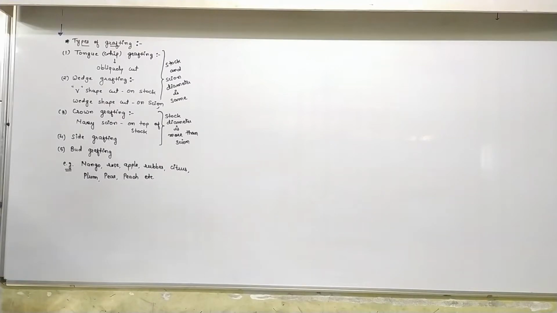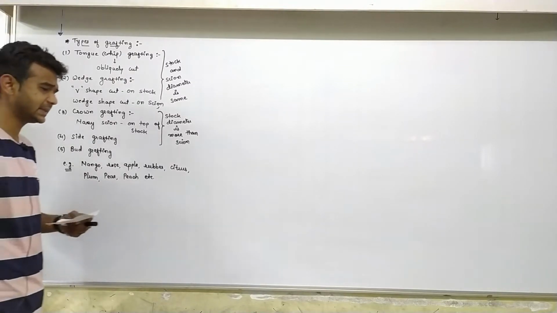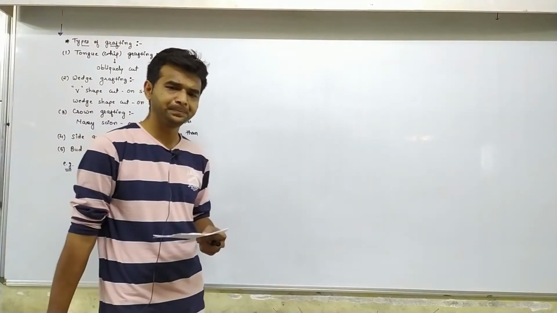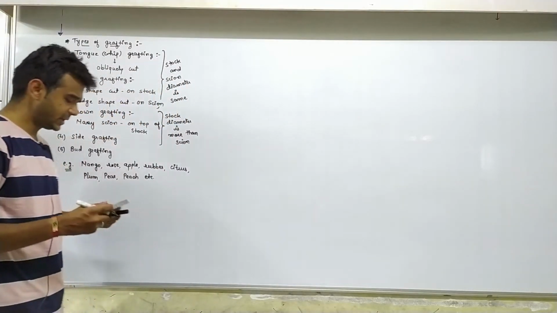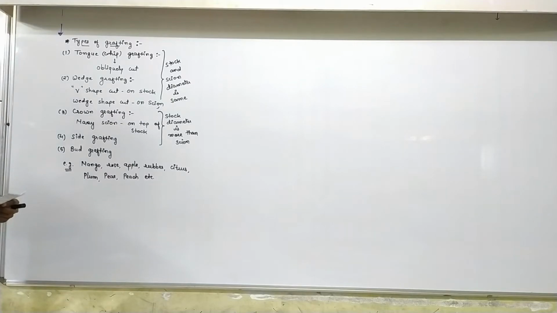Okay. So here, which are the benefits of this grafting, or the benefits of asexual reproduction in plants? Here we form seedless fruit. Fine.